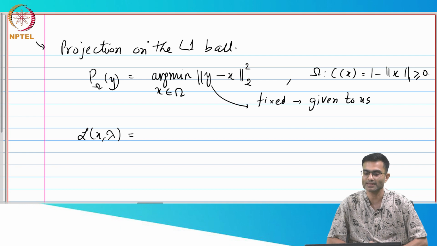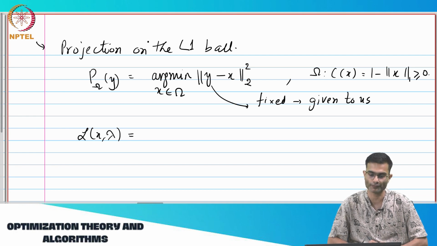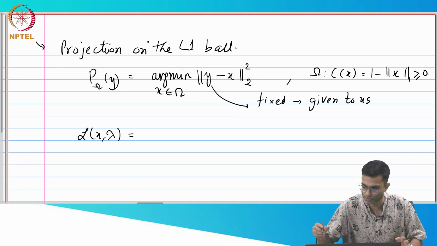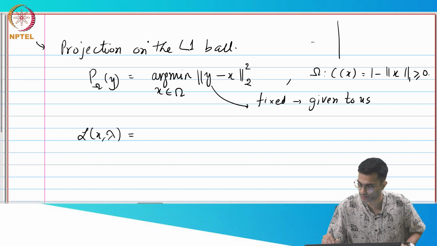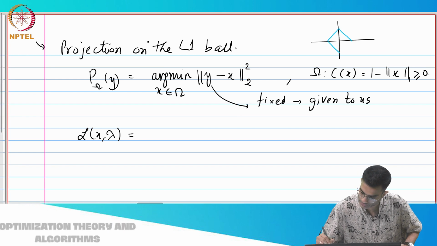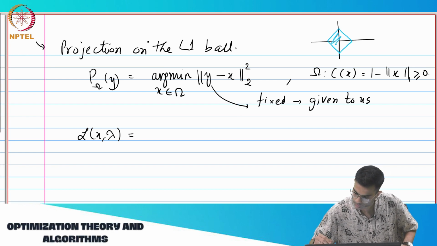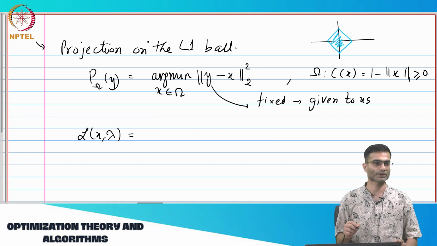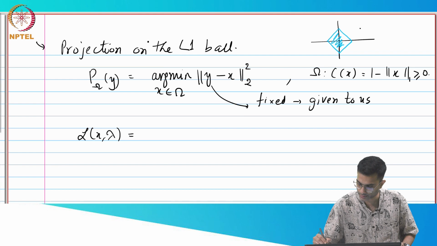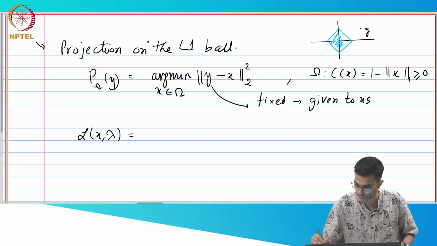I want to minimize this function, y minus x whole squared, the distance of my given point from any point in the feasible set, right. Is the geometry clear? So if I were to plot it over here, this is my feasible set, right. Now I am giving you a point, let us say here, supposing this is my point y.